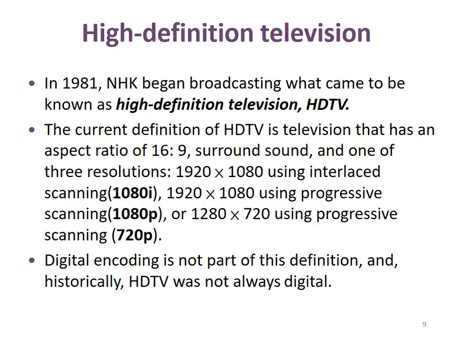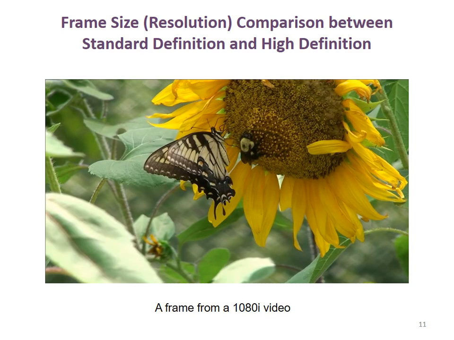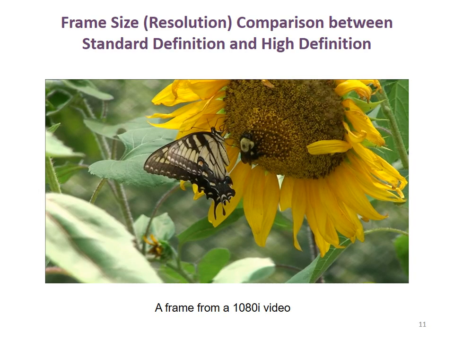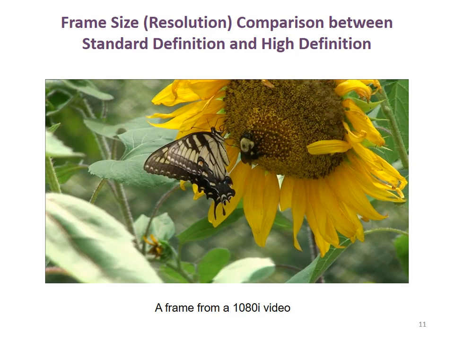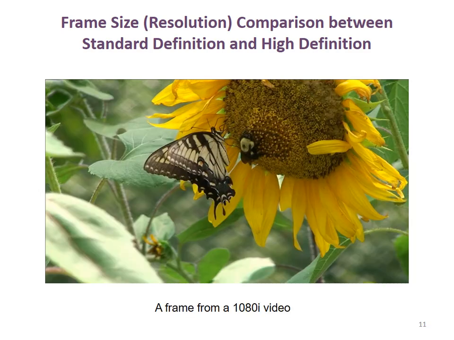We will introduce these two display modes later. The resolution of 720p is very different from the resolution of 1080 videos. So we call these standard definition and high definition videos.